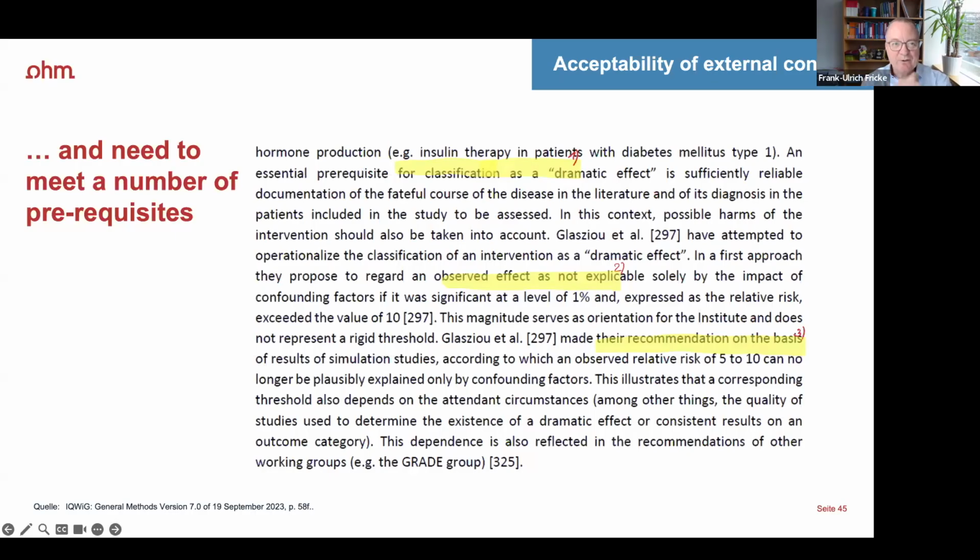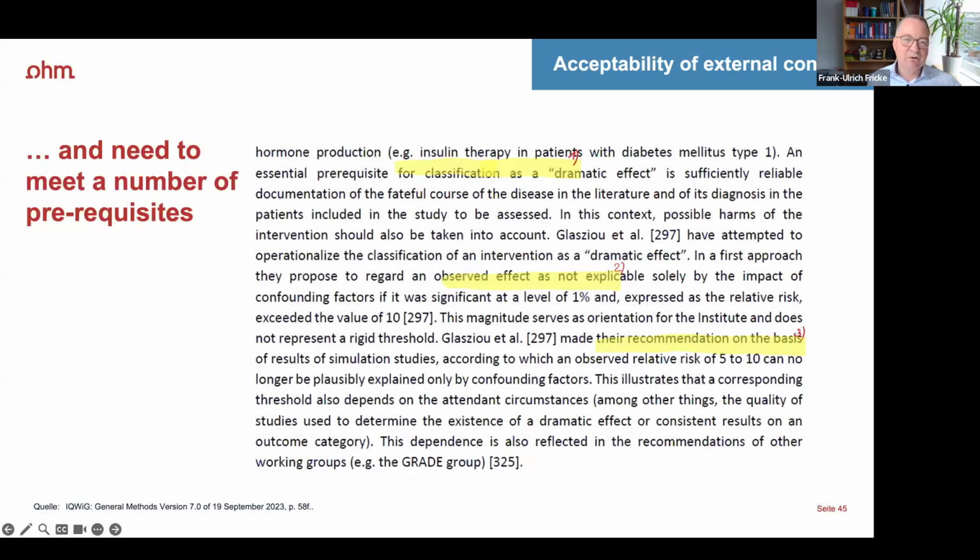Second, the observed effect cannot be explained simply by confounding factors, a higher significance level of 1%, and then it's about what is the magnitude of the effect, and here the discussion is on an expected relative risk of 10, and then finally, the observed relative risk, ranges put out there, 5 to 10 would be acceptable depending on the various courses.